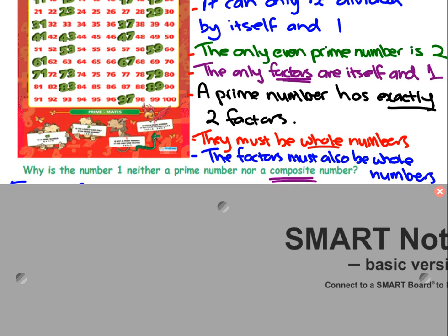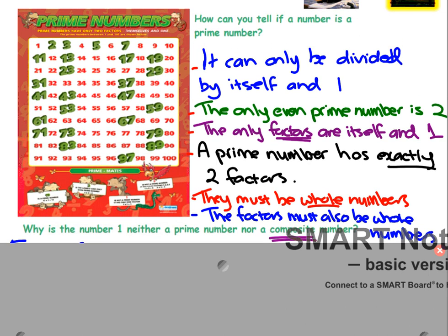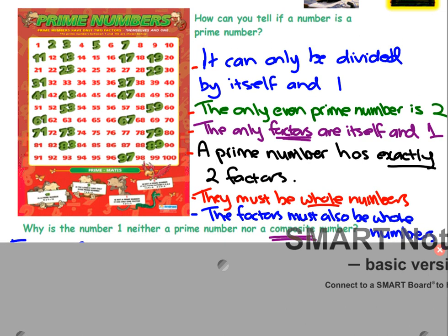Why is the number 1 neither prime nor a composite number? One thing you probably need to realize is what is a composite number? A composite number is all the red numbers except for 1. So 4 is the first composite number, and all the other red numbers except for 1 are composite.